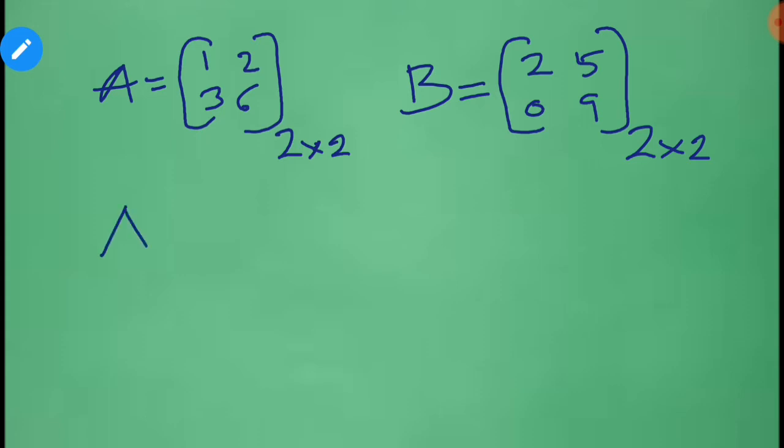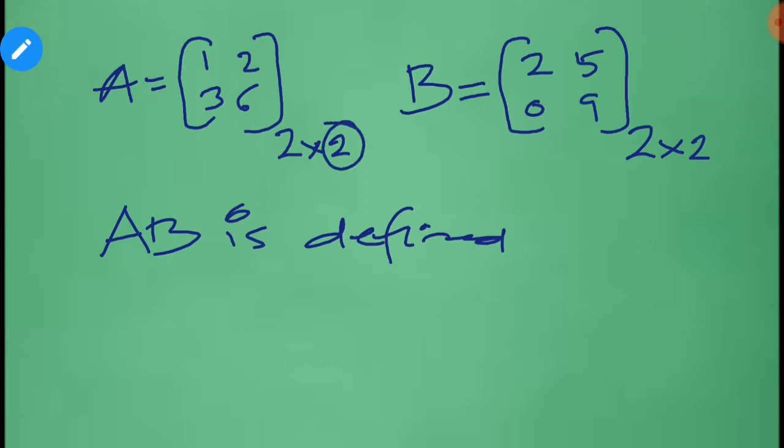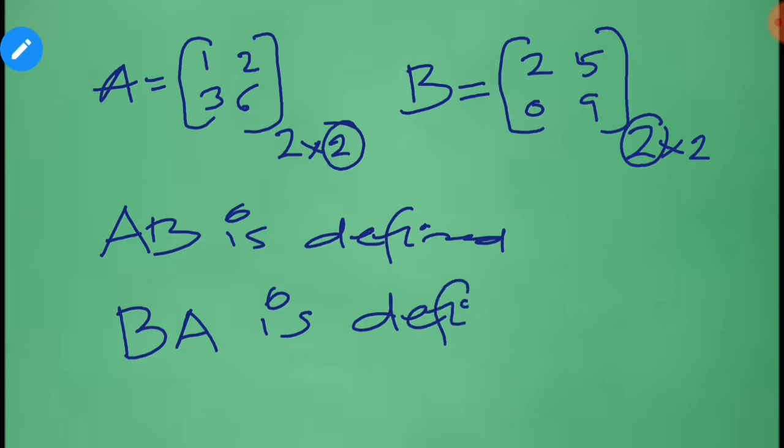Here AB is defined since the number of columns of the first matrix A is equal to the number of rows of the second matrix B. BA is also defined, since the number of columns of B is equal to the number of rows of A. Both are 2.